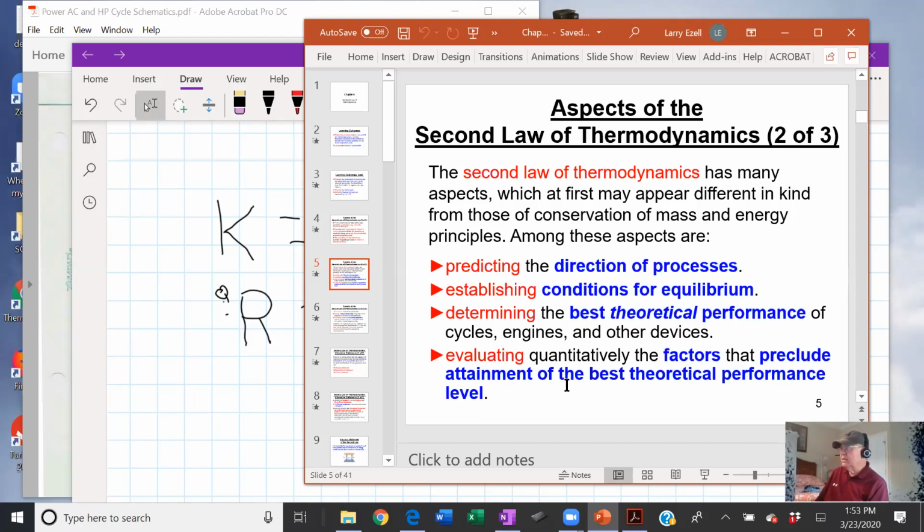We can't take the second law and predict what the performance of, say, a refrigeration cycle is going to be, but we can take the second law and tell you what the best you can possibly get is. And most of the time, the best you can possibly get is much less than the maximum according to the second law. In other words, the second law says you can get 80% efficiency, in the real world, you're probably going to get about 35 or 40.